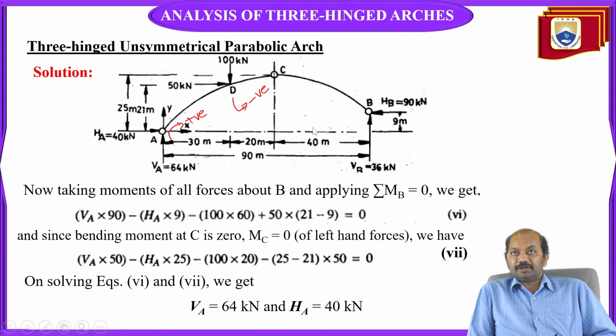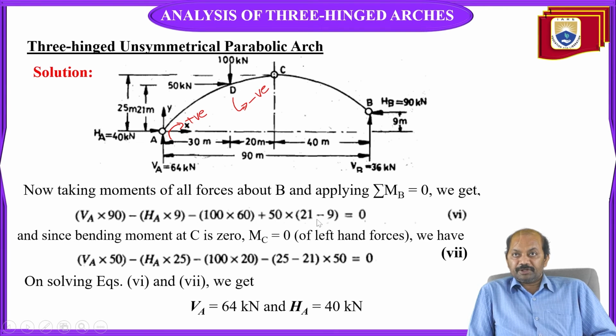And this one you see, 50 is becoming again clockwise, 50 into this distance. How much is it? 21 minus 9 gives this height.